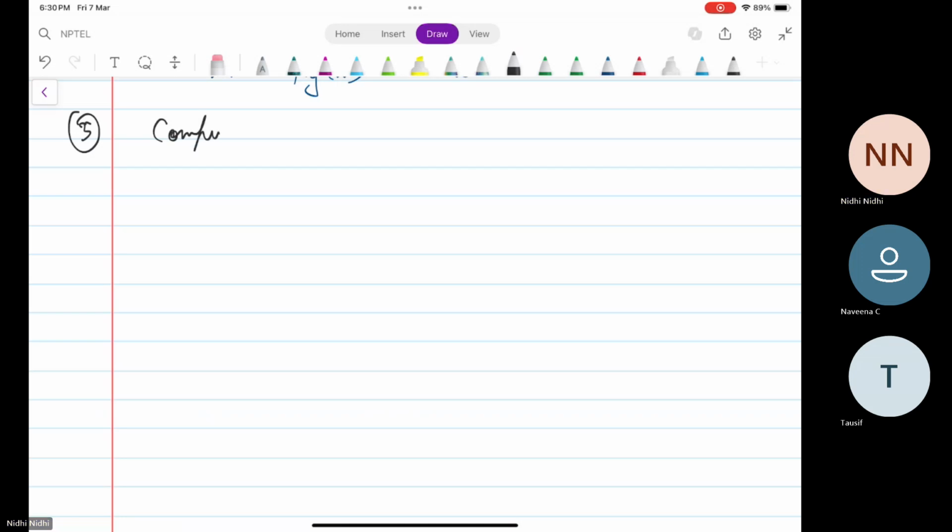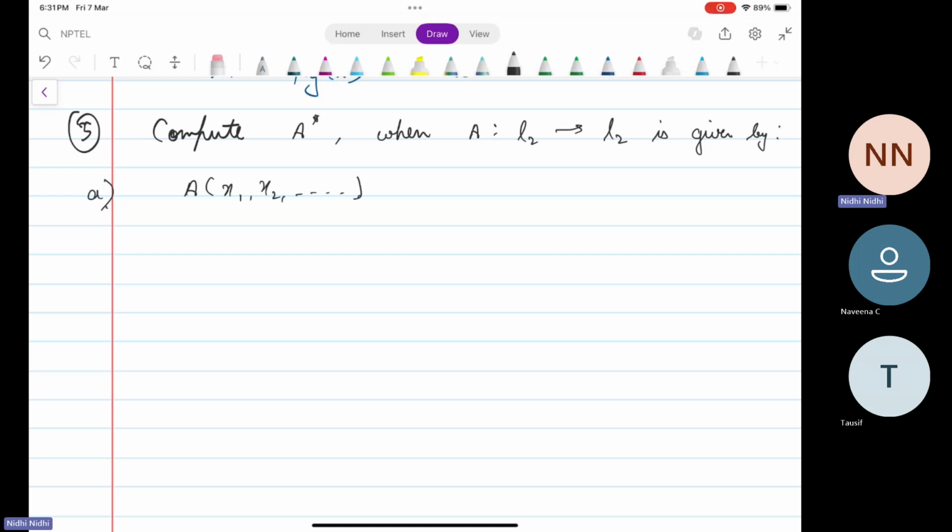Compute A star when A from L2 to L2 is given by part A maps the sequence x1, x2, and so on to the sequence x1, x2 by 2, x3 by 3, and so on.